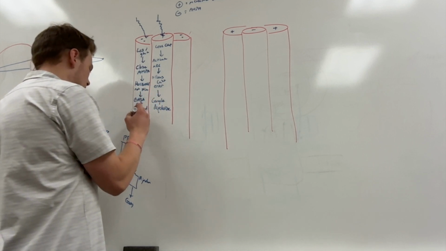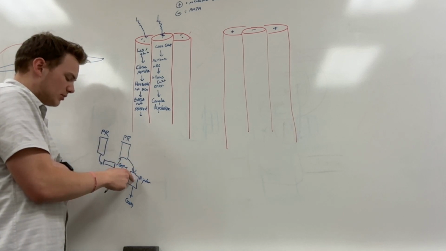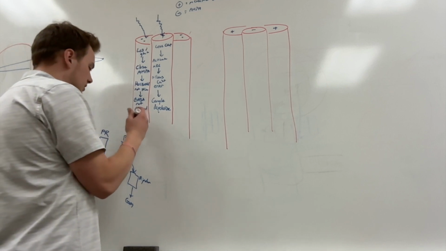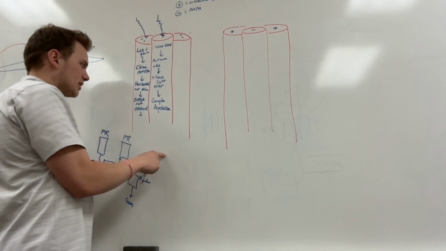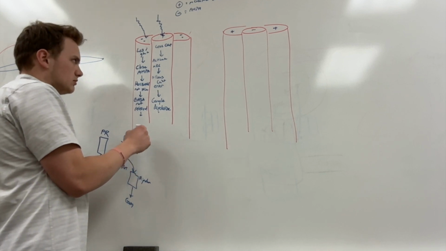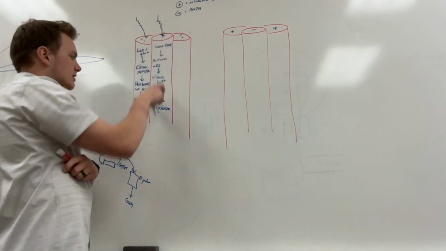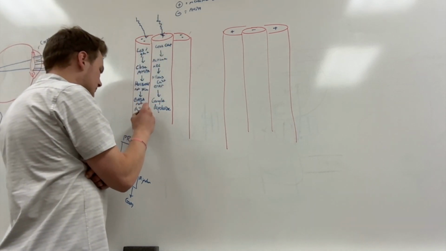Is that going to help us depolarize the bipolar cell, or make it worse? Well, it's actually going to help us, because if GABA was released, then we would be down-regulating this whole process. But because GABA isn't released, the ganglion cell is depolarized.